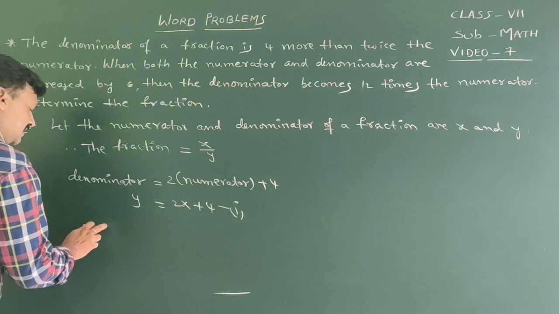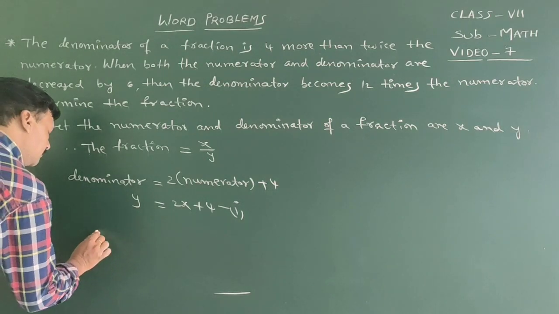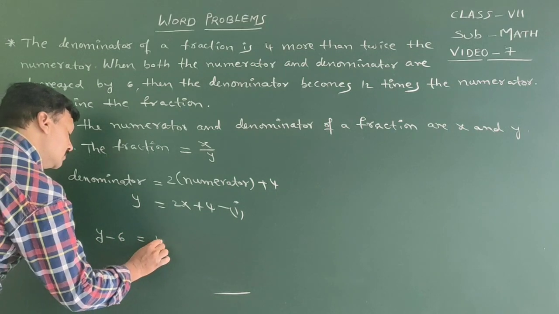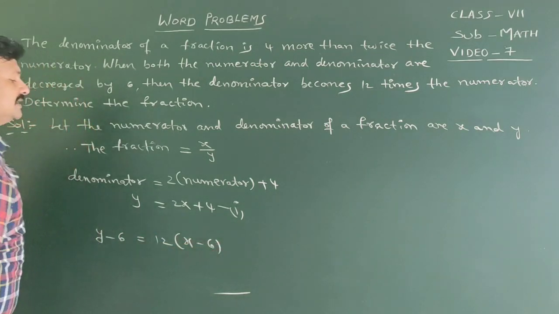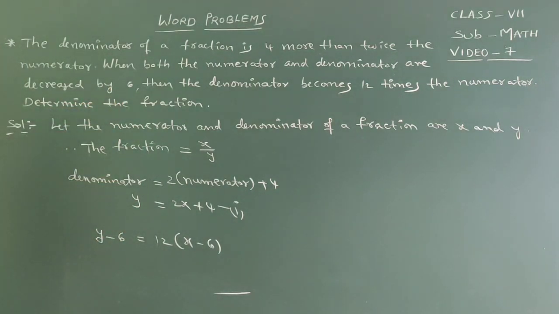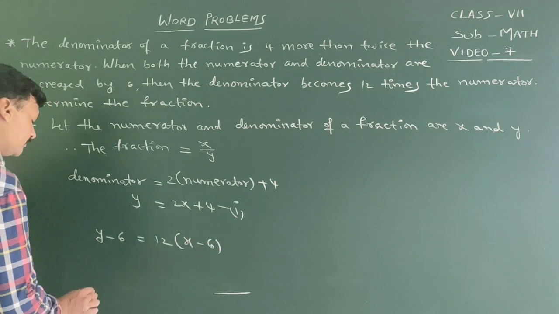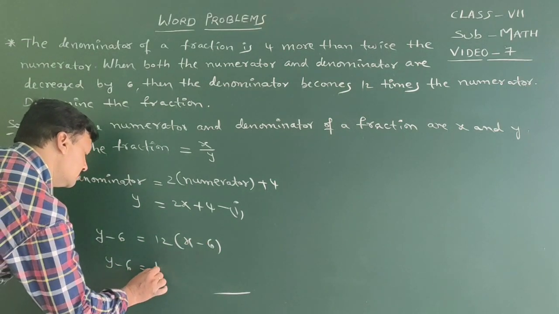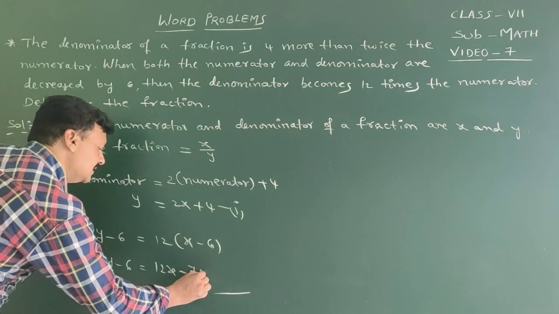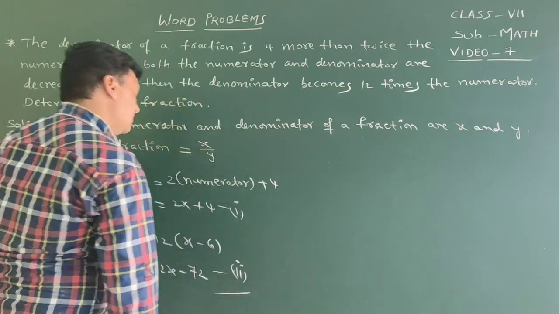So y minus 6 equals 12 times x minus 6. So y minus 6 equals 12x minus 72. That is the second equation.